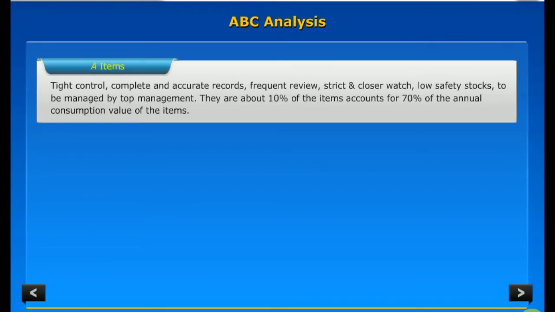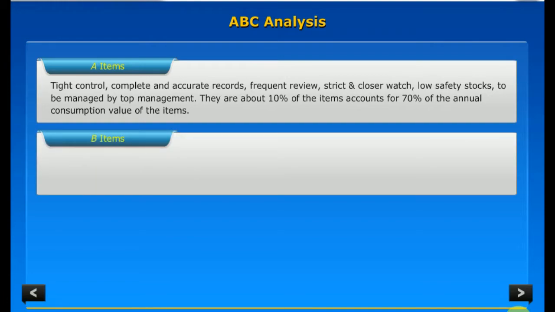A items: tight control, complete and accurate records, frequent review, strict and closer watch, low safety stocks, to be managed by top management. They are about 10% of the items and account for 70% of the annual consumption value of the items.